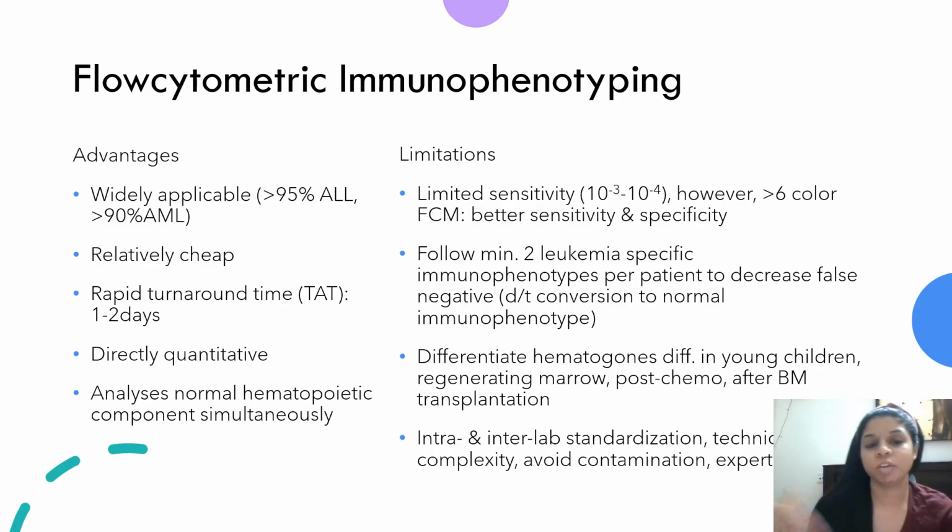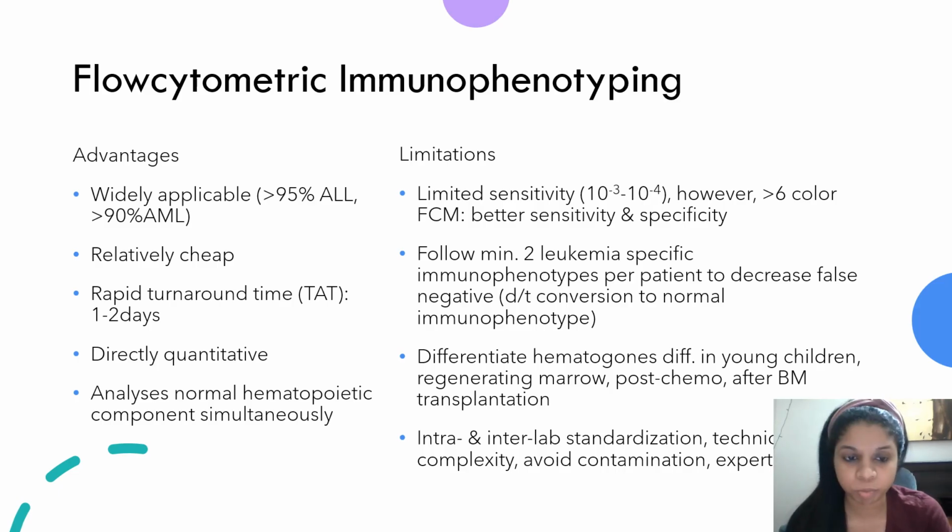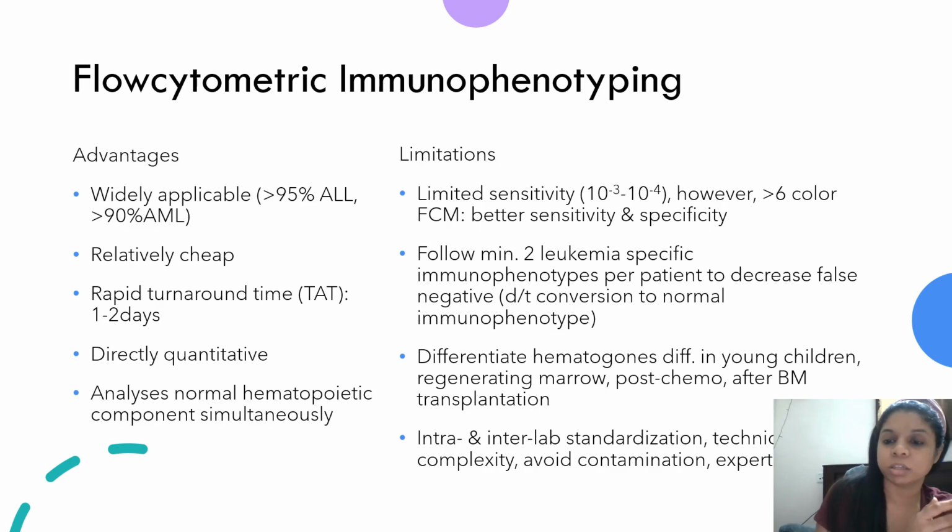Okay, but that we won't do, the machine will do. So in the flow cytometry machine, you can tell the quantity of the residual leukemic cells that is present, and it also analyzes the normal hematopoietic component simultaneously, meaning you can compare it with the normal cells which are not showing the expression, and we know a certain set of markers which are seen normally also.